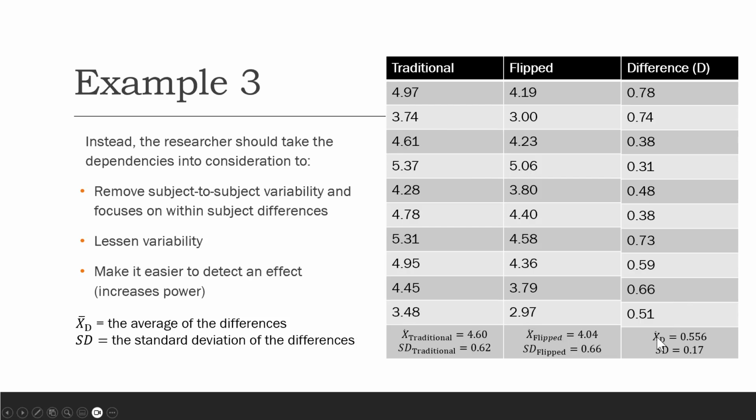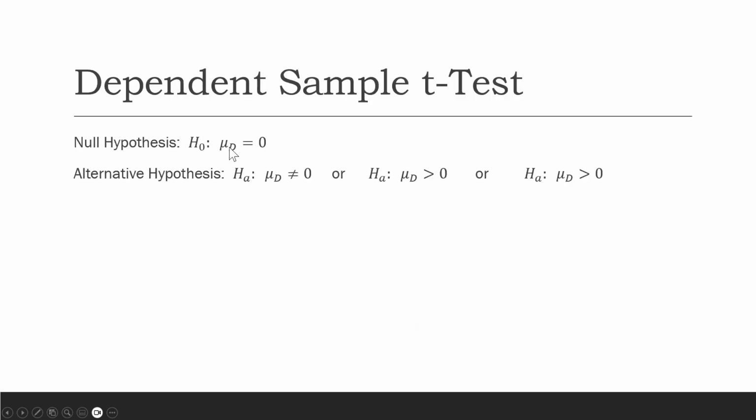There's a sample mean of the differences, so there's a population mean of the differences, and that's given by mu with a subscript d. And so our null hypothesis is mu sub d equals 0. So the mean of your differences equals 0. That's the status quo. There is no difference.